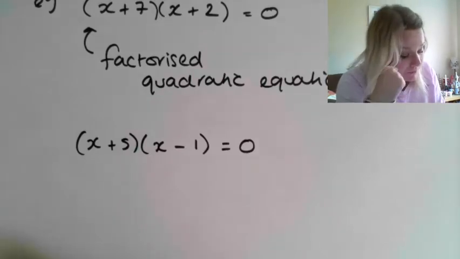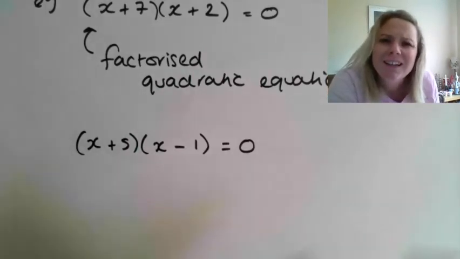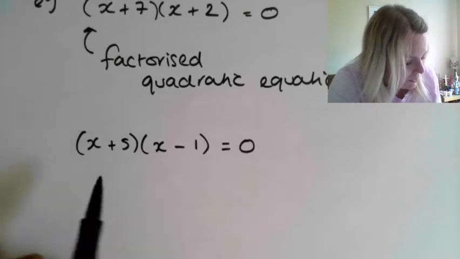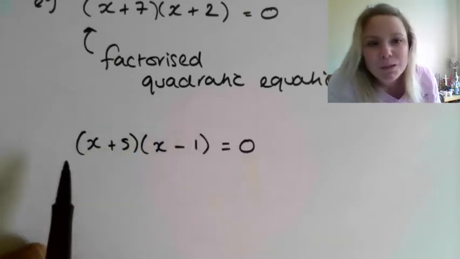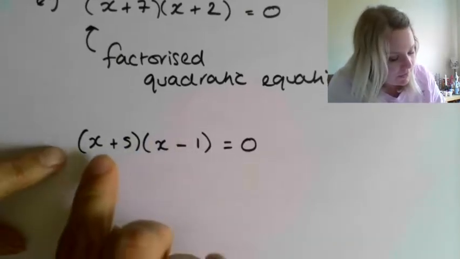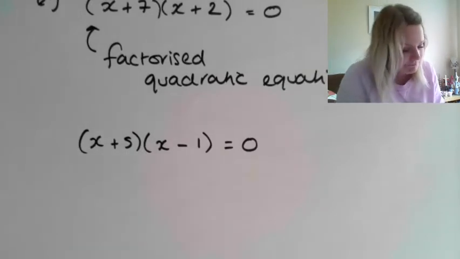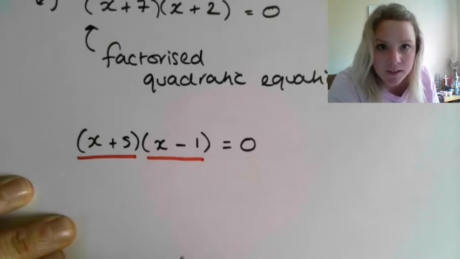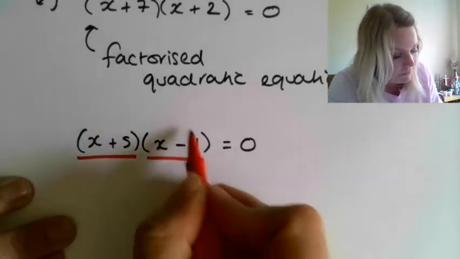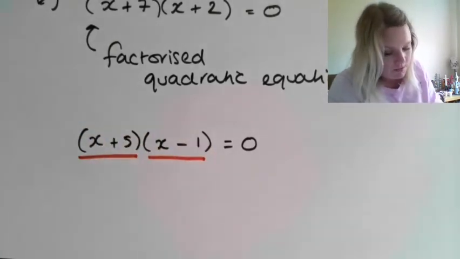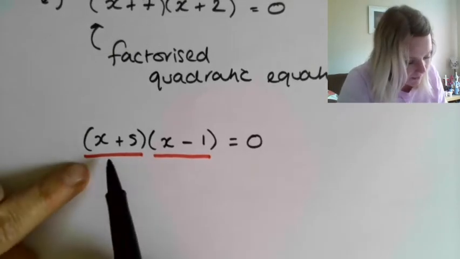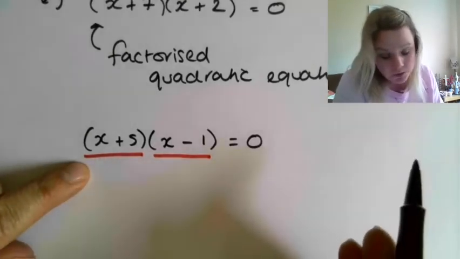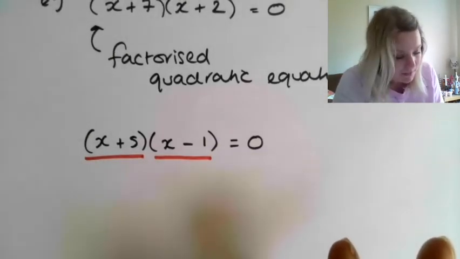So either, and I just want to make this point. I know this looks like more than two things, but it's this getting multiplied by this. So this is one thing and this is another thing. So if this multiplied by this gives us 0, then at least one of those has to be 0.